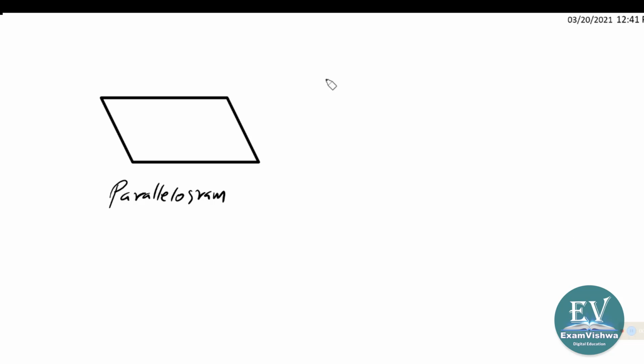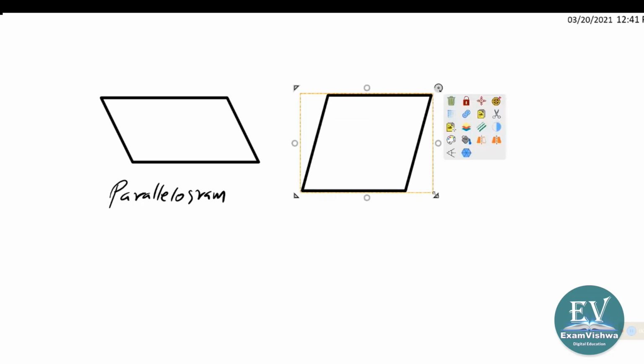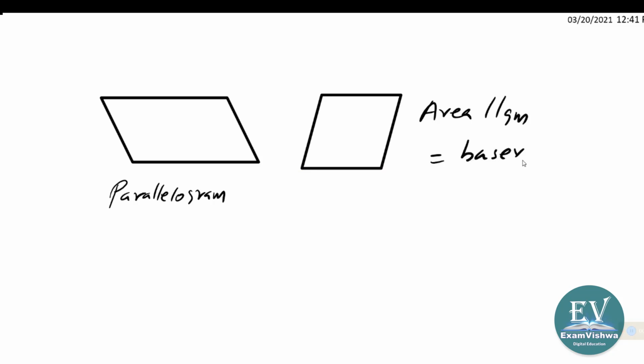And the parallelogram can be in this format also, or any such format. In such cases we found that the area of a parallelogram is equal to base into height.